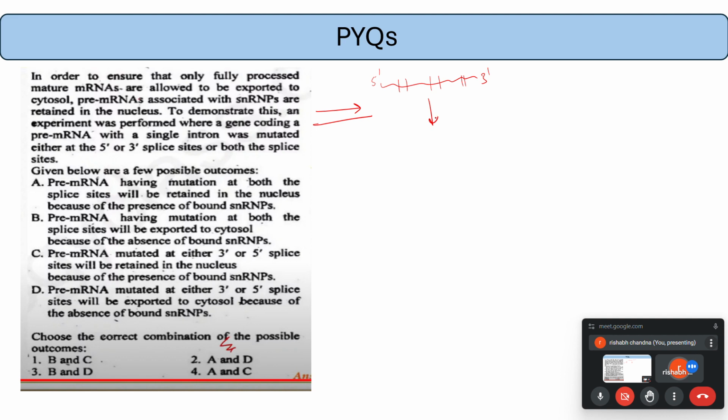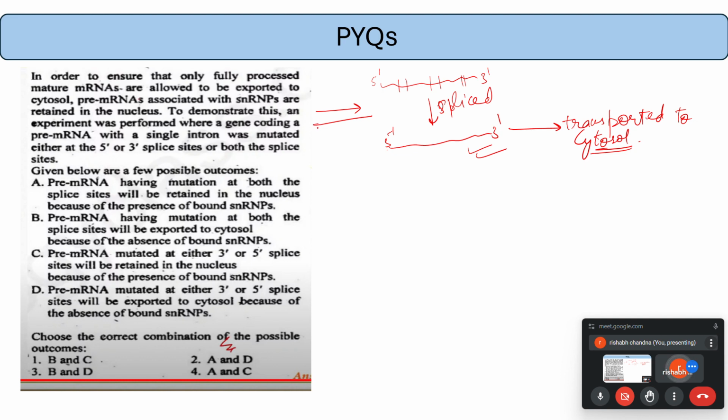This is processed, so spliced, and this is the matured RNA. This is transported to the cytosol. Okay. Now, only the mature mRNA is transported to cytosol. For that, the pre-mRNA associated with the snRNPs are retained in the nucleus.